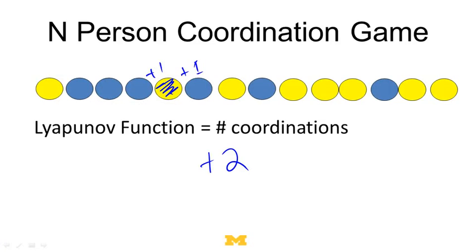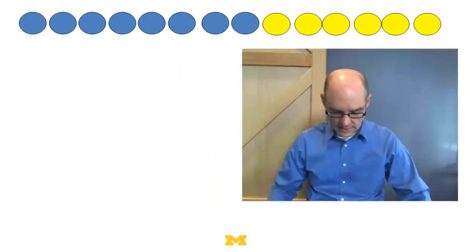So if people are in a long line, each time someone chooses to match the people next to them, you're going to get an increase of +2. Well, that's going to work just like a Lyapunov function. Every movement increases the number of coordinations by 2. There's a maximum total number of coordinations, so the process has to stop.